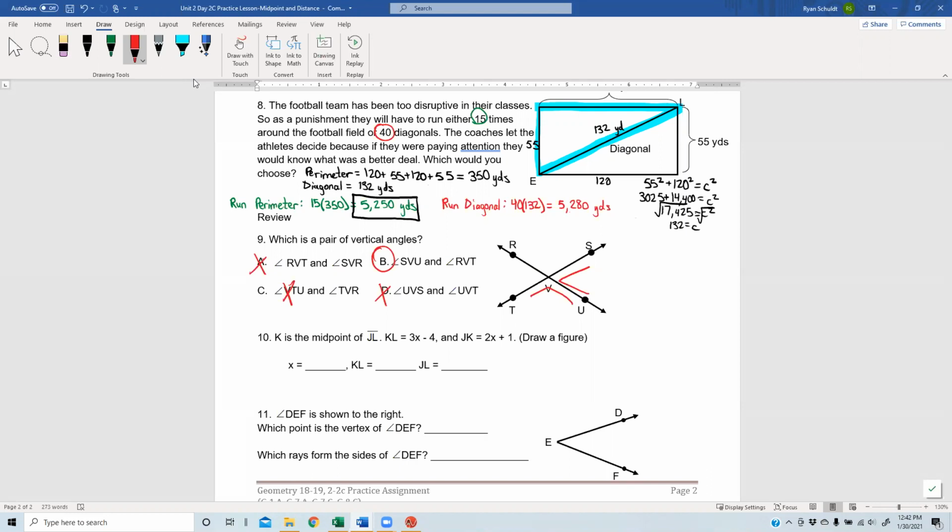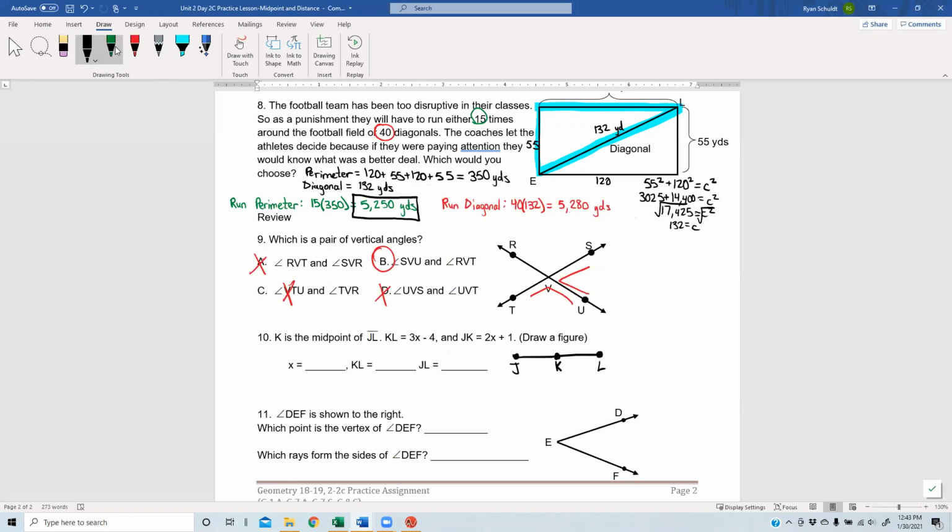Okay, number 10. K is the midpoint of segment JL. First thing we need to do, draw a picture. Before we even read any more, draw a picture. K is in the middle. We got J and L on each end.